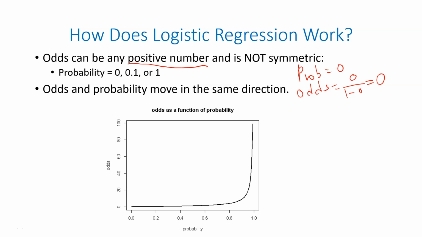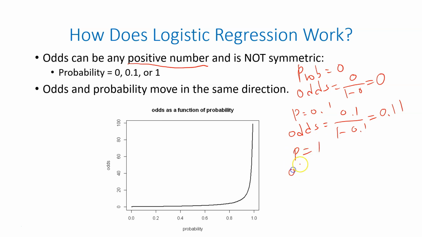For a relatively small probability, like 0.1, the odds equals 0.1 divided by 1 minus 0.1, or 0.9, and that equals 0.11.